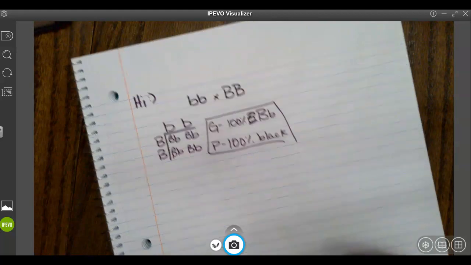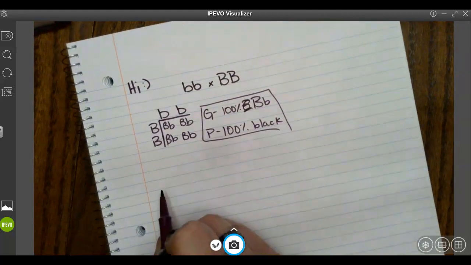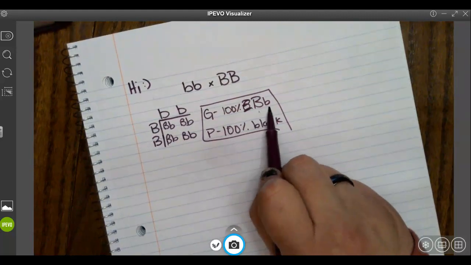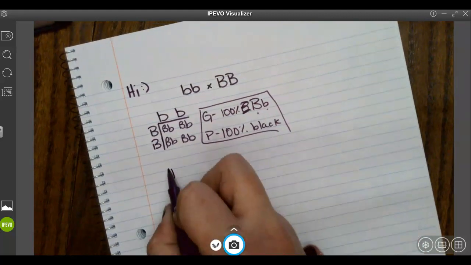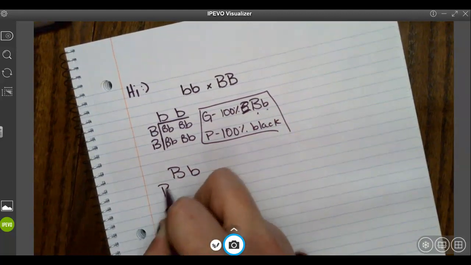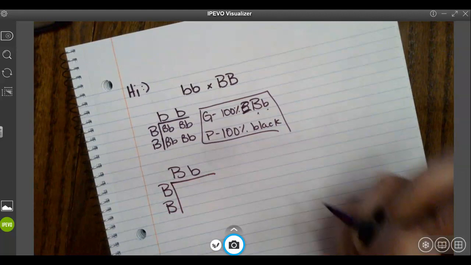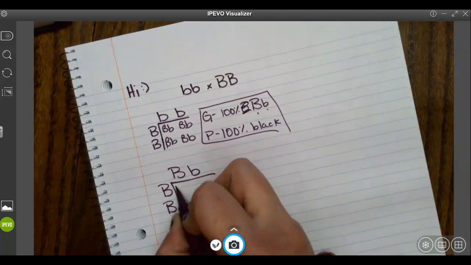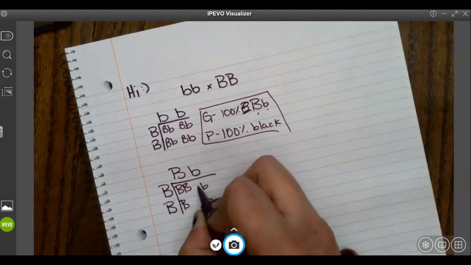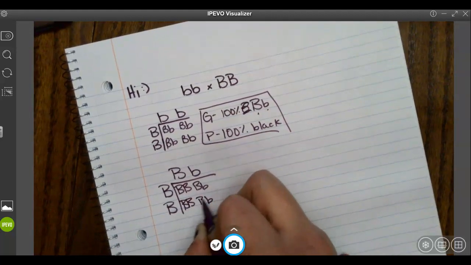The next one says we want a heterozygous black. Heterozygous meaning that your alleles are different. Okay, so we have my heterozygous black, and they are going to have babies with a homozygous black. Okay, so I will bring my big B and my little b down, big B and little b over.